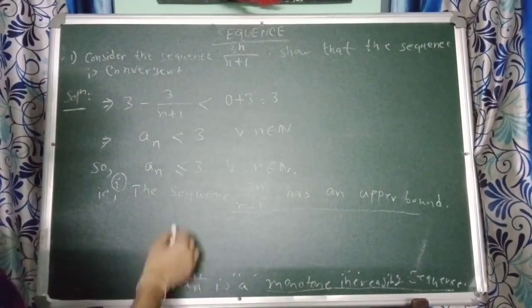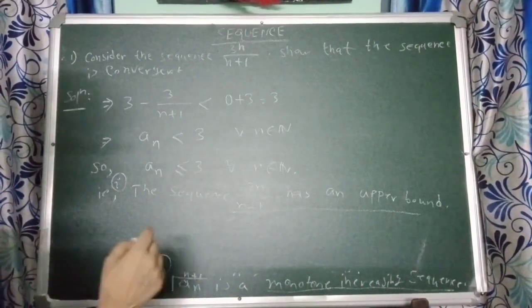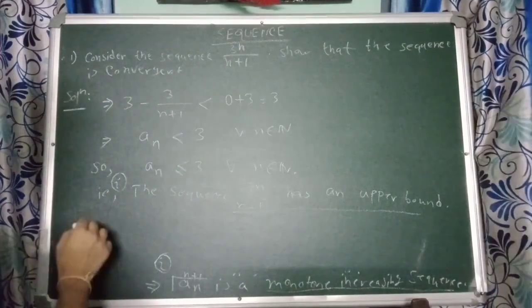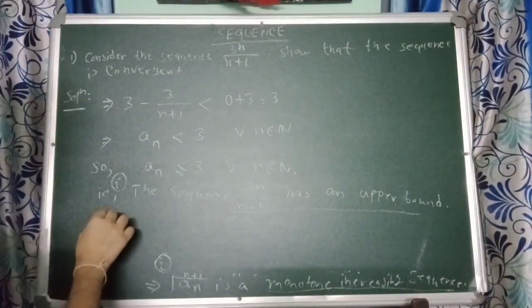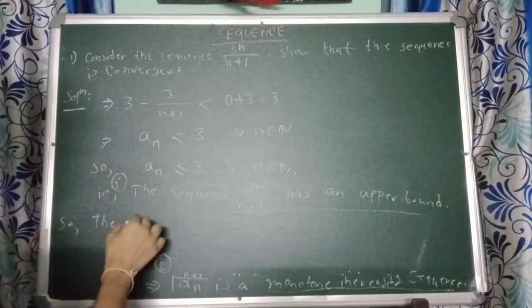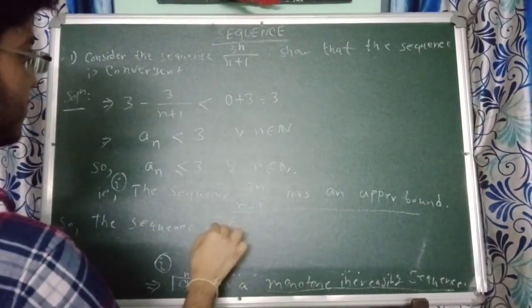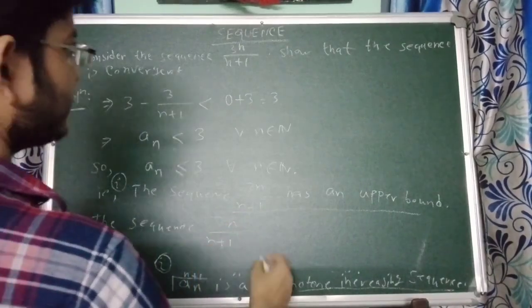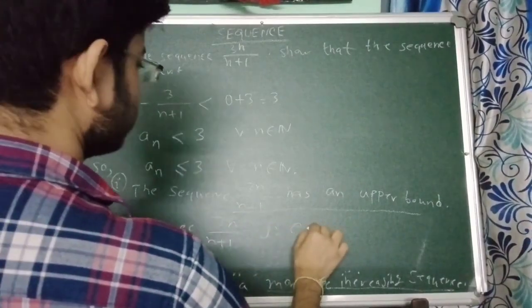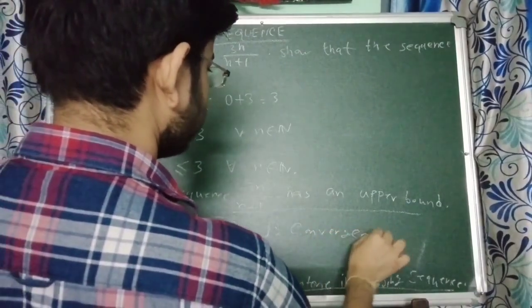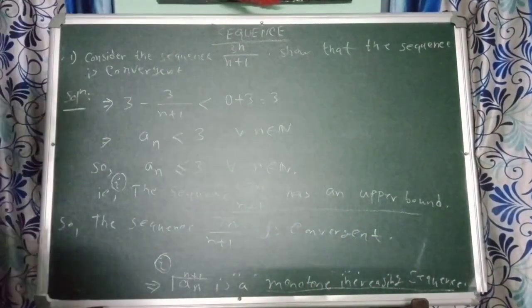So combining this and using the previous result, we claim that the sequence 3n divided by n plus 1 is convergent.